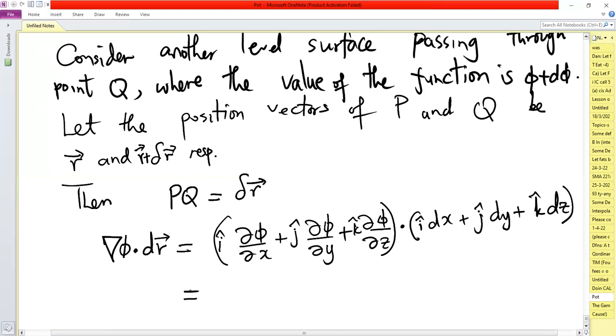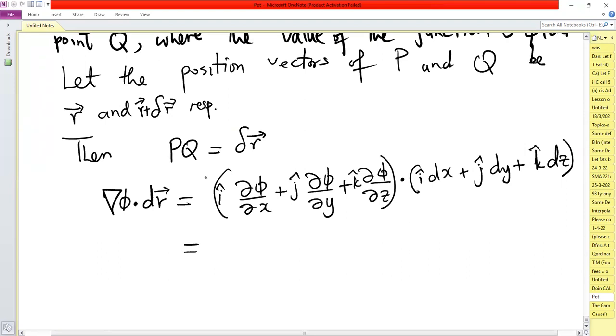So the interpretation of the dot product means that we are going to get the product of the components of i, then sum those with the components of j, and then those for k.